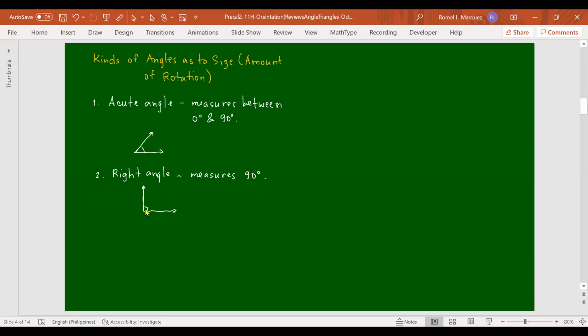And we normally put a small square there to mean right angle. What about number three? We have obtuse angle. So what is an obtuse angle, guys? Anything more than 90 degrees po. So between 90 degrees and 180 degrees na, right?